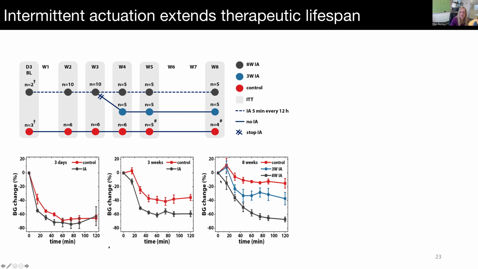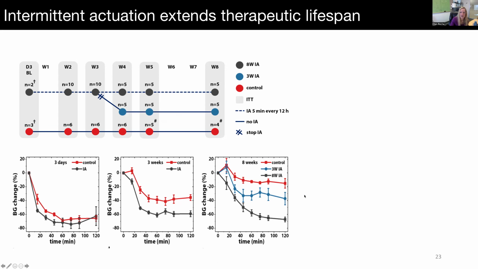At 8 weeks, the actuated group is still dropping the blood glucose the same amount as at 3 days, while both the group that was actuated for 3 weeks and then stopped, and the group that was not actuated, have a blunted response, don't drop the blood glucose as much, or very little in fact, and are much slower.